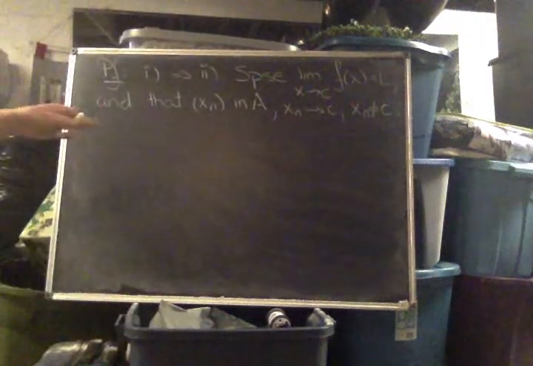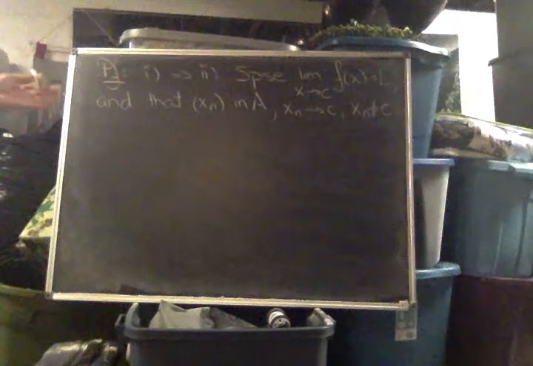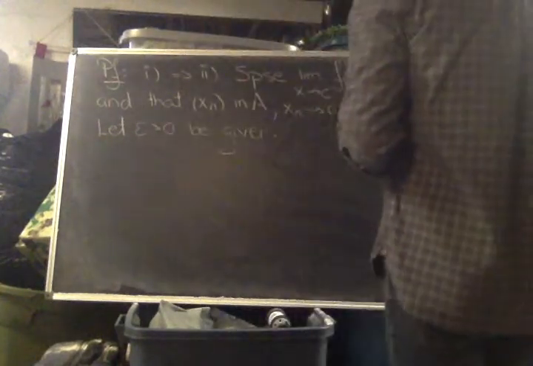So, if we would like to show that f of xn converges to L, then we need to start with epsilon. So let epsilon greater than 0 be given. Okay.